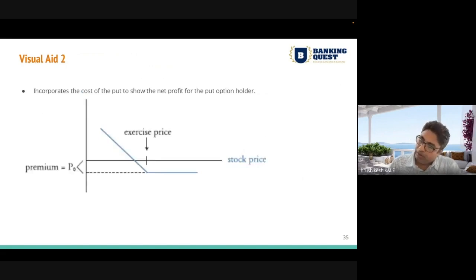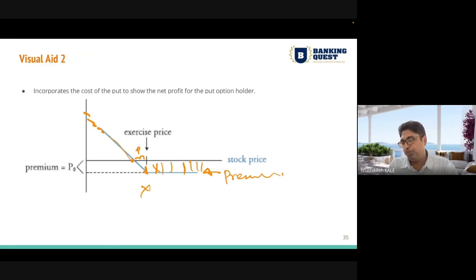If you consider premium, then this is premium. So this is exercise price minus this much, the premium of put, and after that you will be in profit. Now this is for long put.